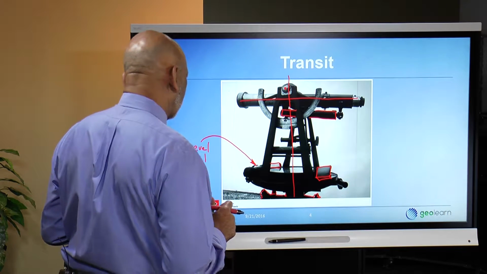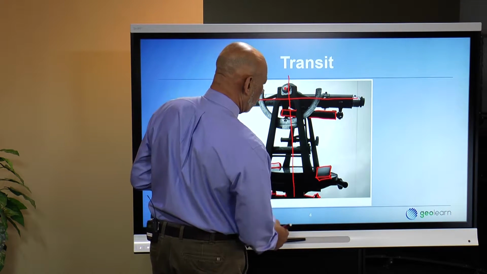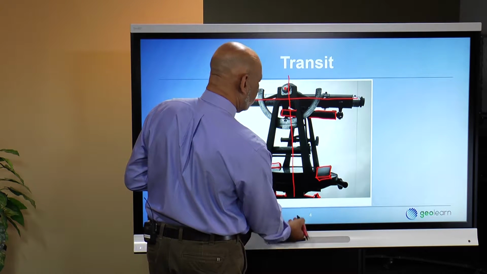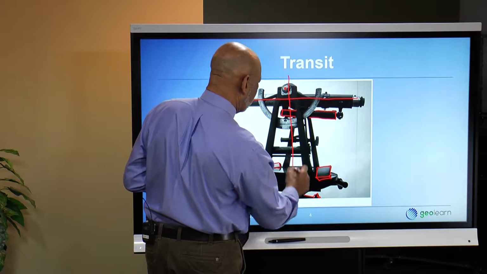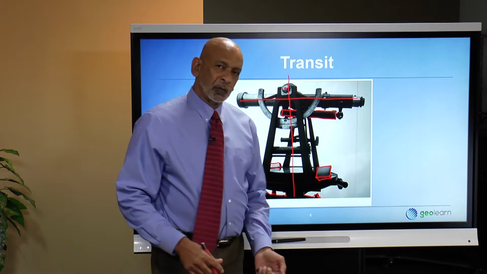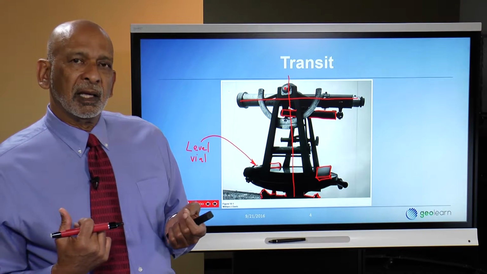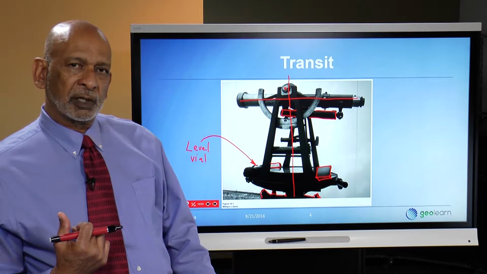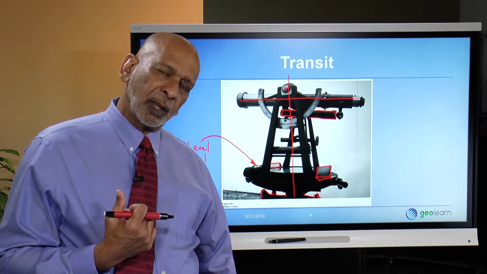Now, with the older instrument, the transit, there's usually a hole on the top of the tripod head, and there was room for a hook to be attached to the base of the transit directly in line with the vertical axis. And what you would do is hang a plumb bob by its string, and that's how you'd ensure that the instrument was centered over a point, by having a physical prolongation of the vertical line, namely the plumb bob string.